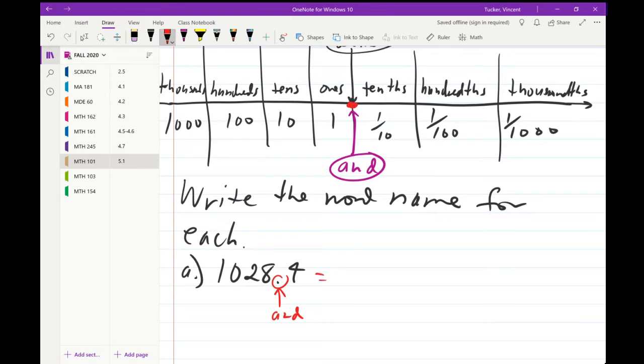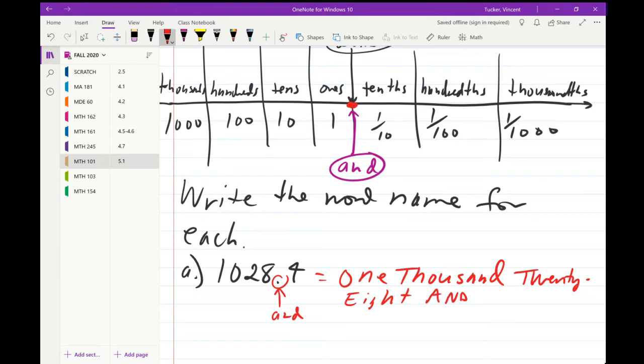So we know it's 1,000, $28, and I guess we'll need to make a habit of doing that. 4.